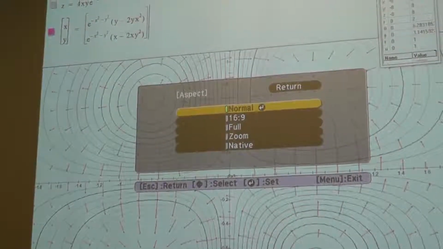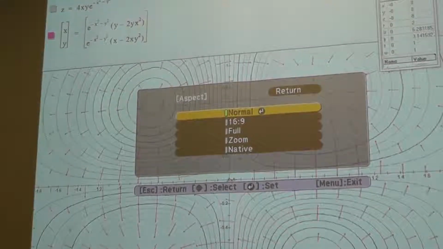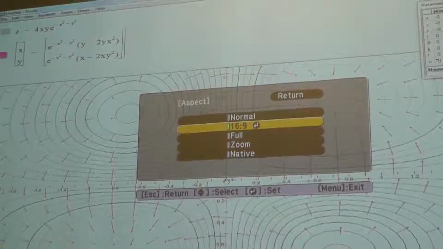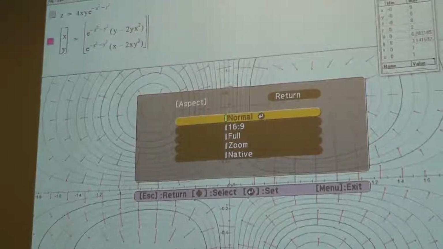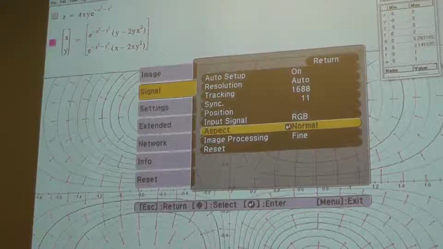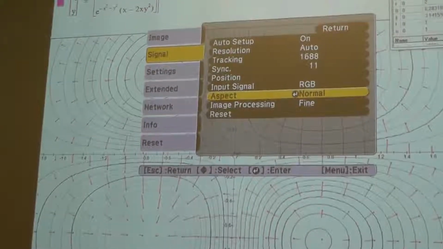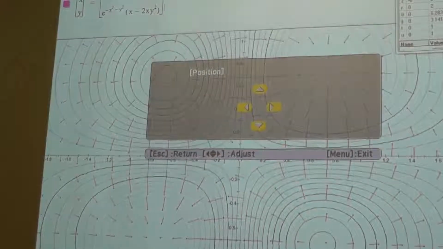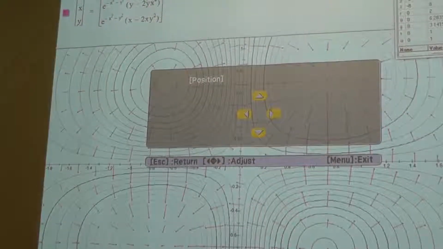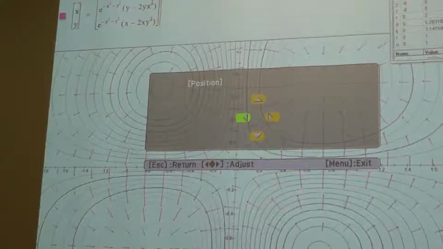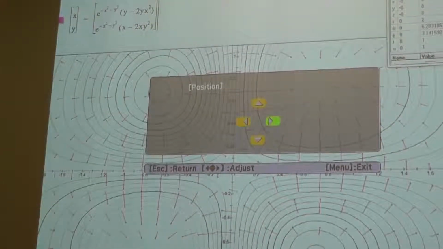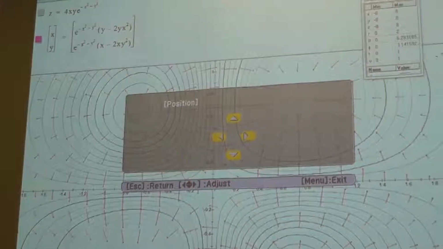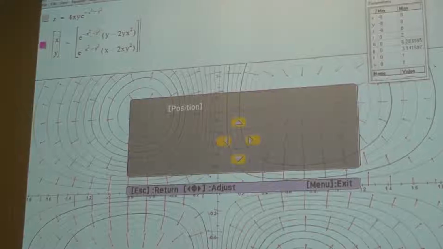Just turn the whole box housing. That's good enough, you can see everything.